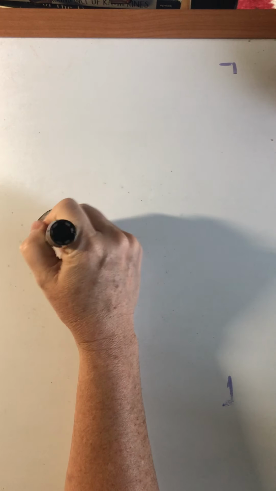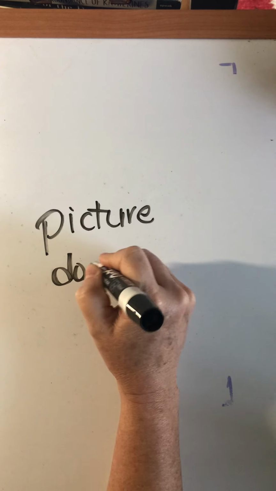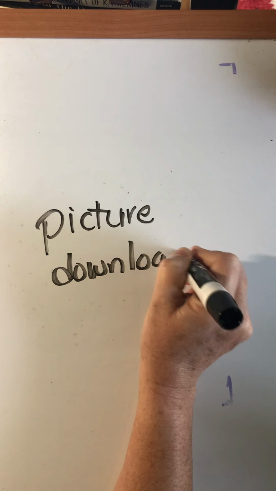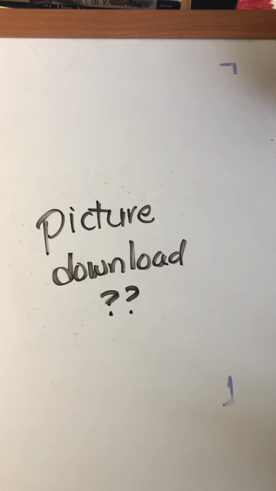If you are writing it out, then you're going to have to take a picture of your answer and download it. This has been an issue, okay? This has been a problem for a lot of kids because the pictures don't download fast enough.